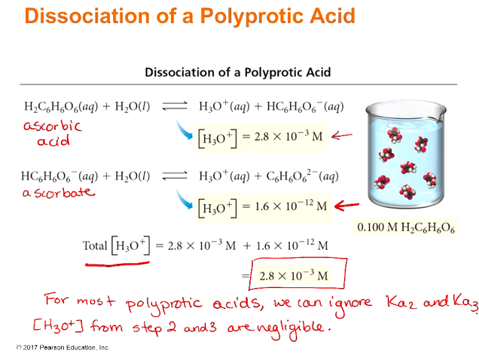So if you're trying to determine the pH of most polyprotic acids, you can just focus on that first loss of hydrogen. You don't have to calculate the concentration of hydronium ions for any subsequent steps. But as we saw for sulfuric acid, that's not possible.